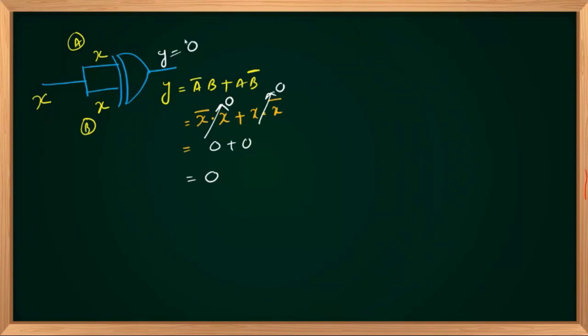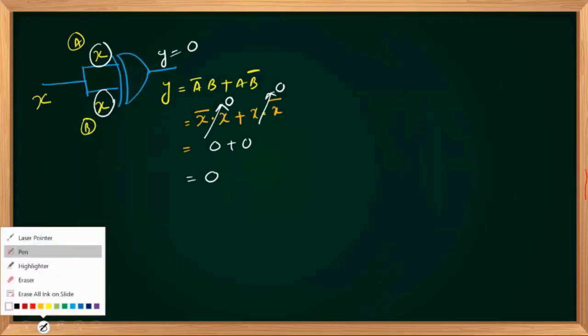Why is that obvious? What was the property of an XOR gate? If inputs are the same, then the output will be 0. Here we are giving X and X, inputs are the same. If X equals 0, 0 0, if X equals 1, 1 1, in both cases they are the same, so output will be 0. Correct, right?